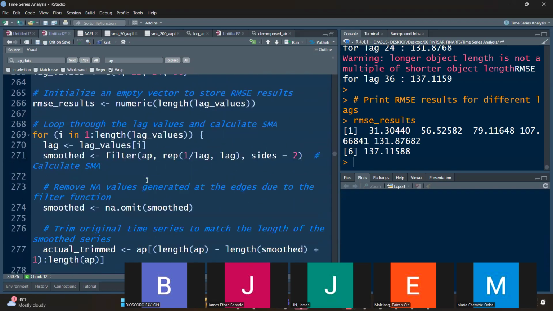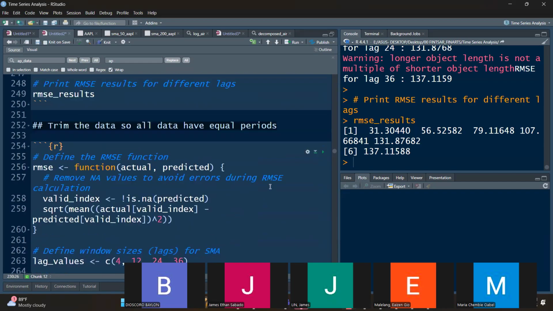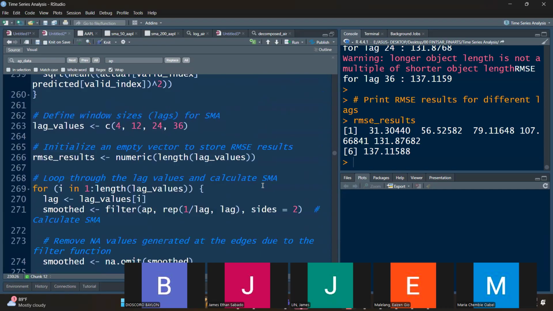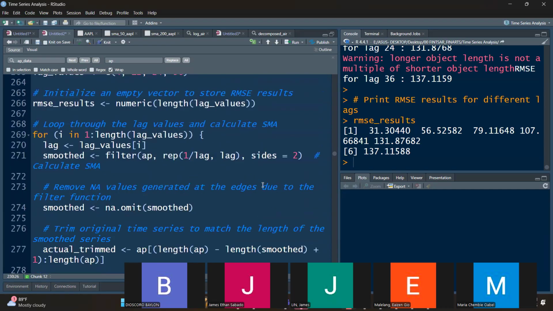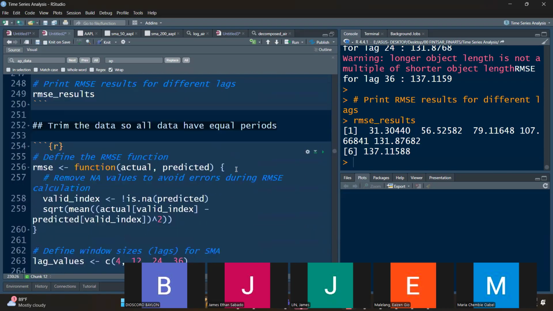Okay. So this one will trim the data. It's quite similar to the other one, only I just added a trim function here. Okay, here, actual trimmed. I trimmed those values because if you recall, class, SMA 36 will have less data than SMA 2.